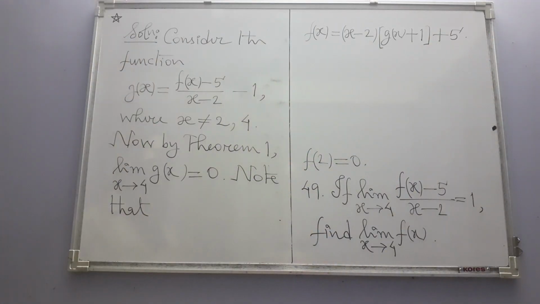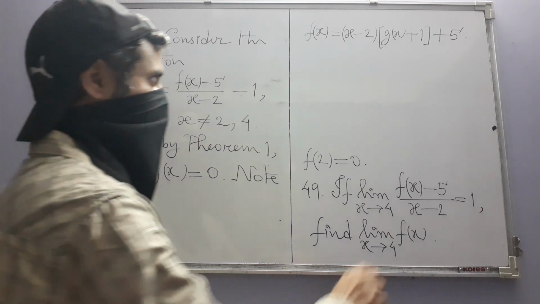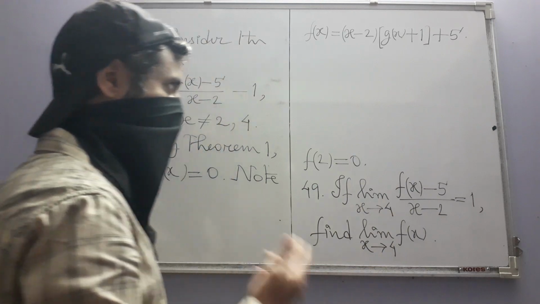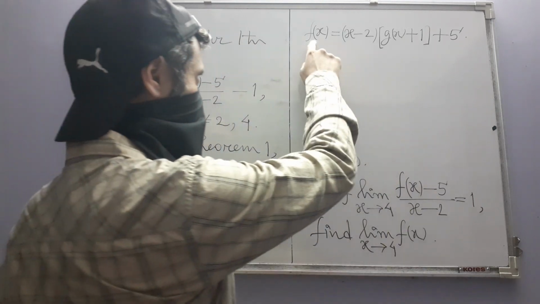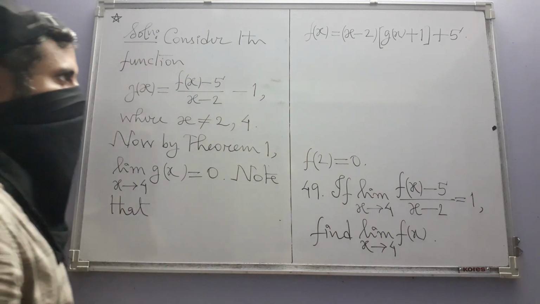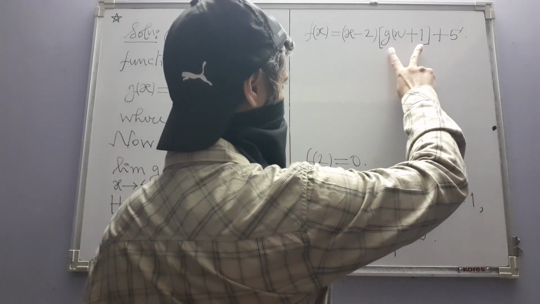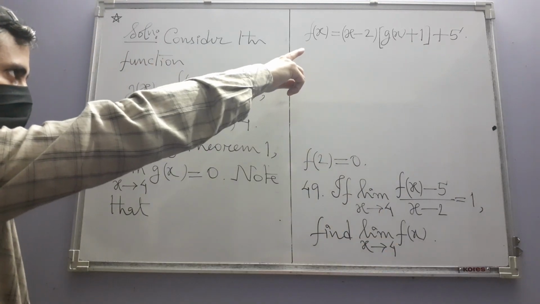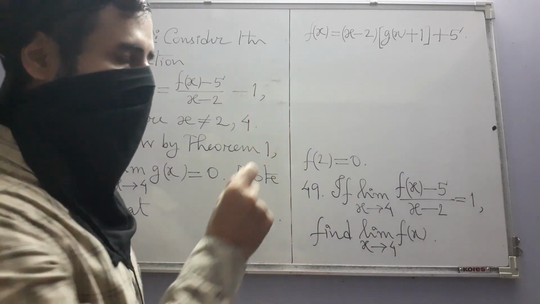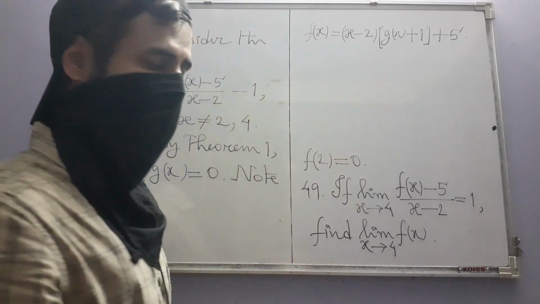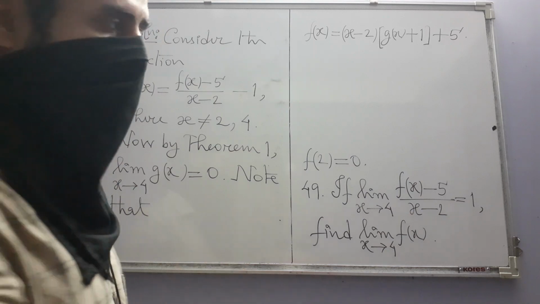Now you look at this. You know that this is a combination of several functions. The way f has been expressed, it's a combination of several functions. First we have the function g of x plus 1, and then we have that polynomial function x minus 2. We have taken their product, and with that product we have added 5. That is f of x.